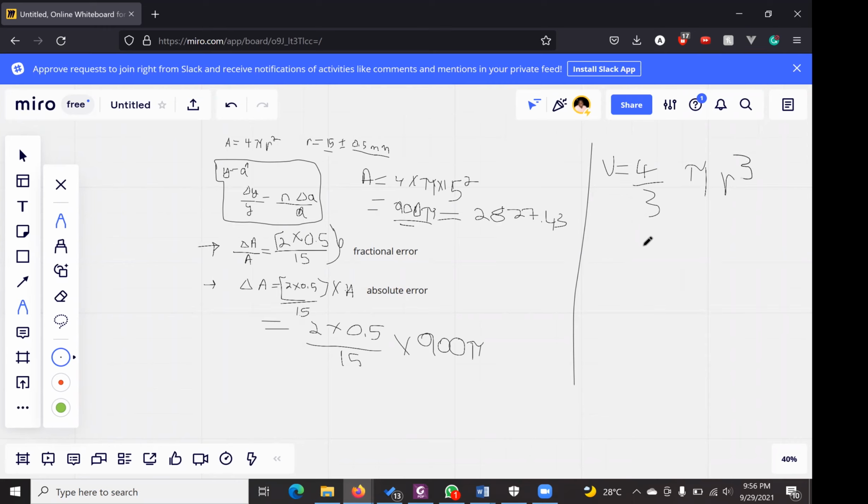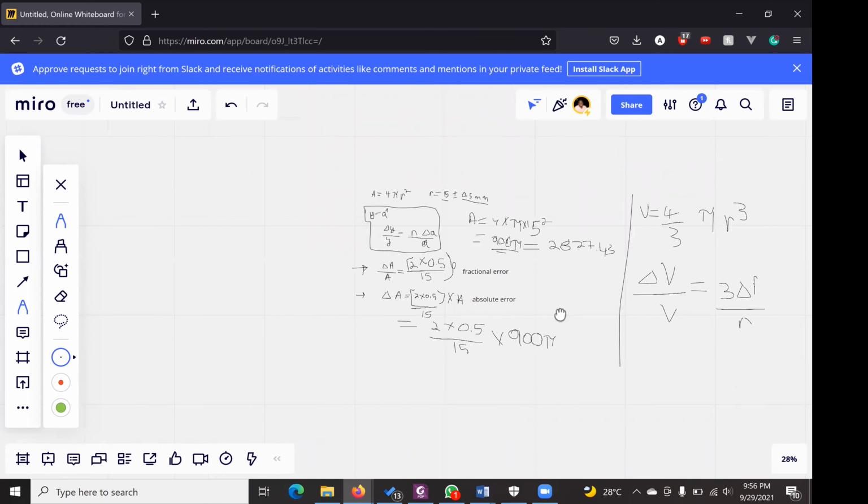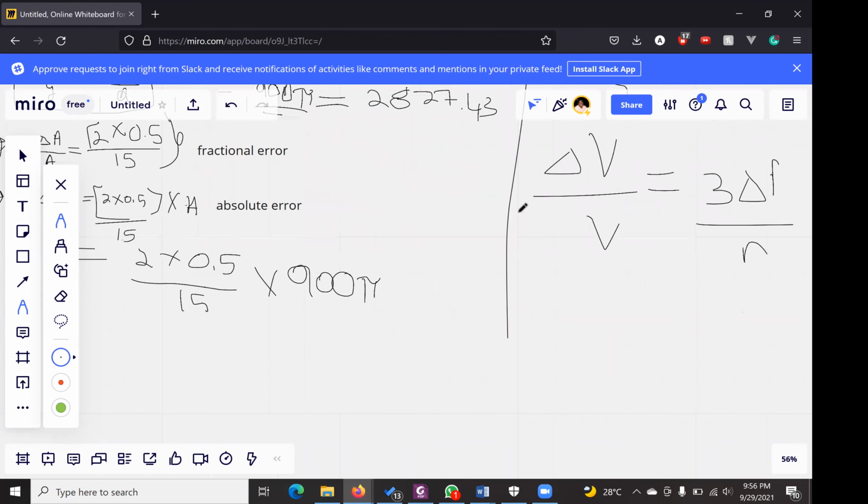I want the fractional error, which is delta V over V. We know from the rule that this is going to be equal to 3 times delta r over r. That's from the rule. Tell me if anybody disagrees with that or wants to see where that's from.